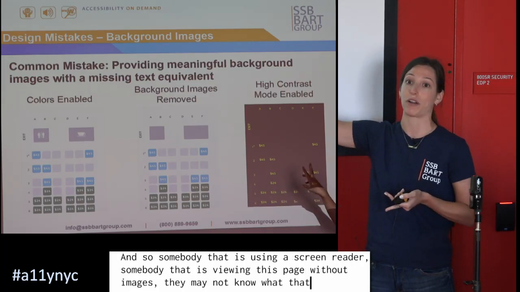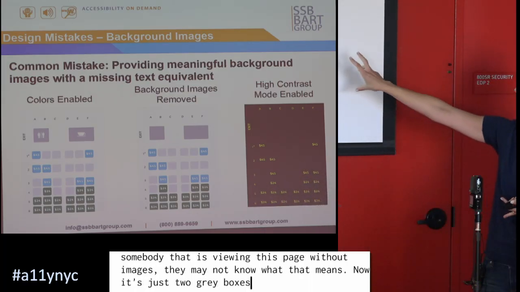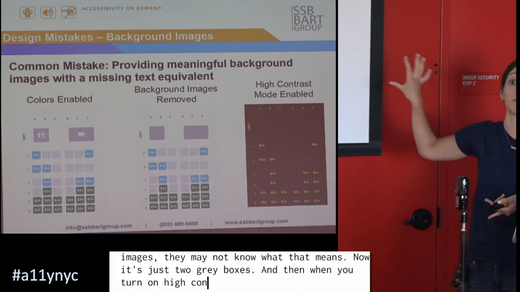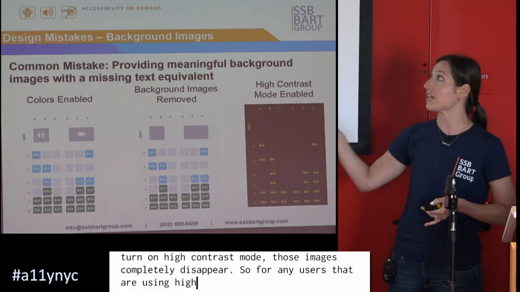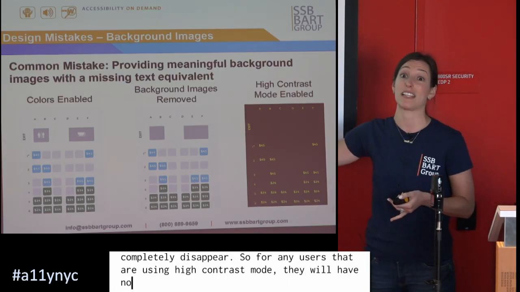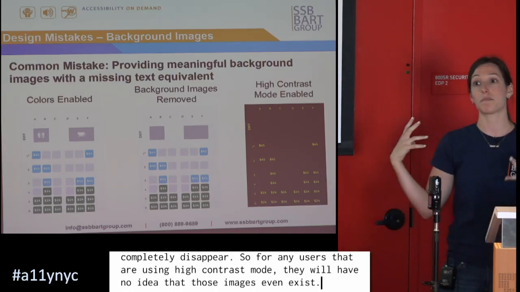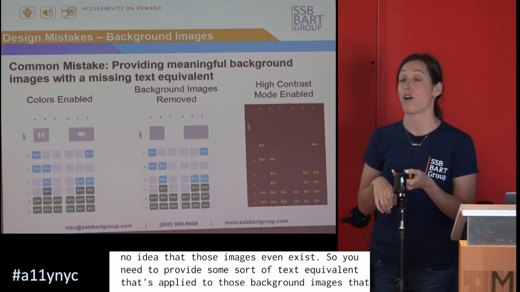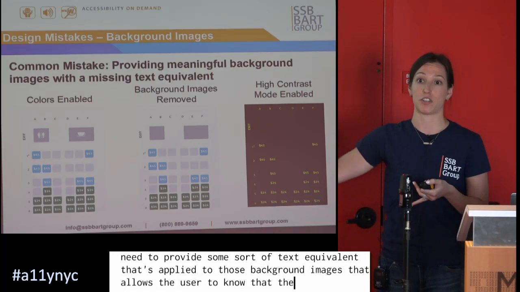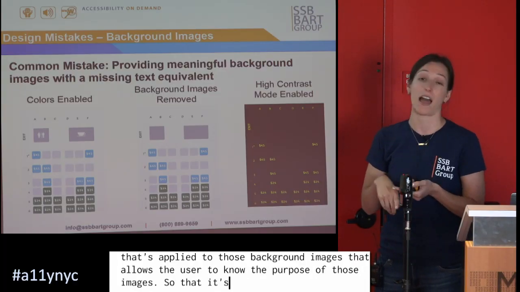Now it's just two gray boxes. And then when you turn on high contrast mode, those images completely disappear. So for any users that are using high contrast mode, they will have no idea that those images even exist. So you need to provide some sort of text equivalent that's applied to those background images that allows the user to know the purpose of those images, so that it's the galley or it's the restroom.